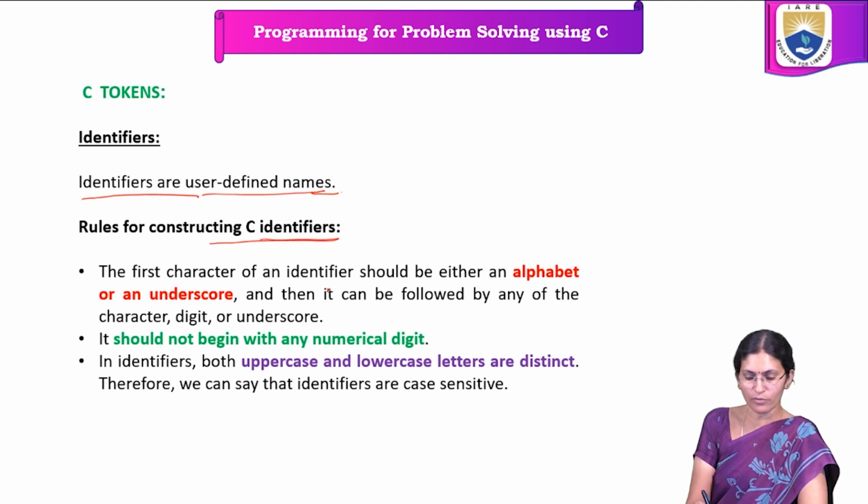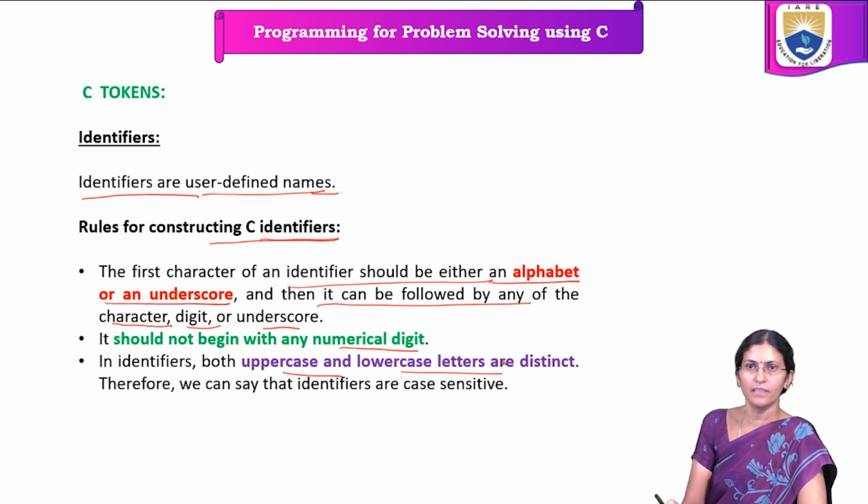The first character of an identifier should be either an alphabet or an underscore, and then it can be followed by any character, digit or underscore. Next, it should not begin with any numerical digit. Then, in identifiers, both uppercase and lowercase letters are distinct. Therefore, we can say that identifiers are case sensitive.